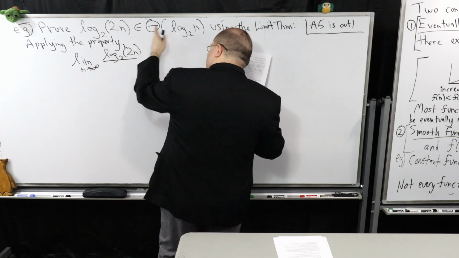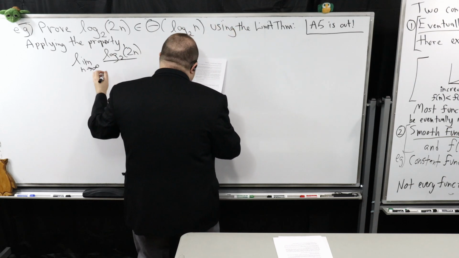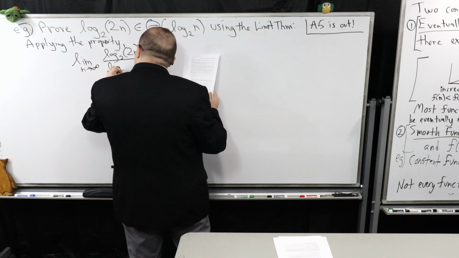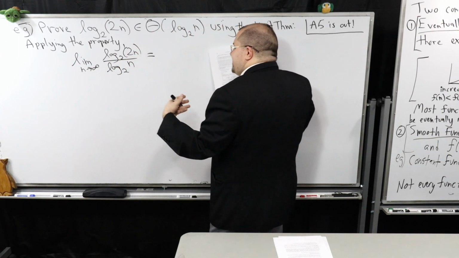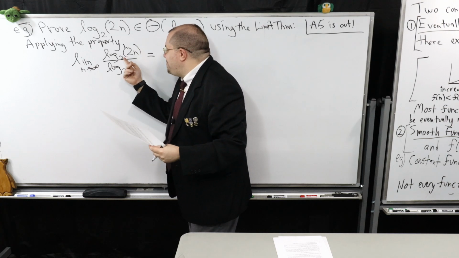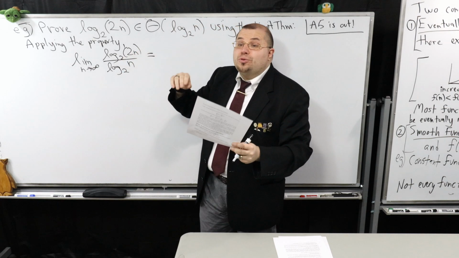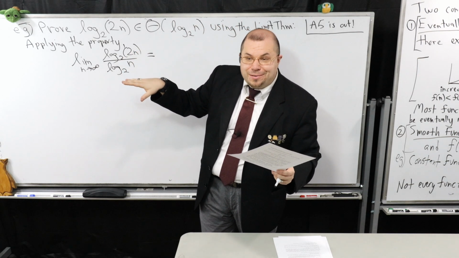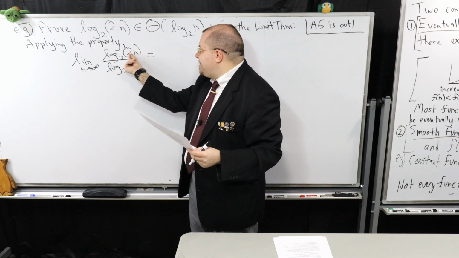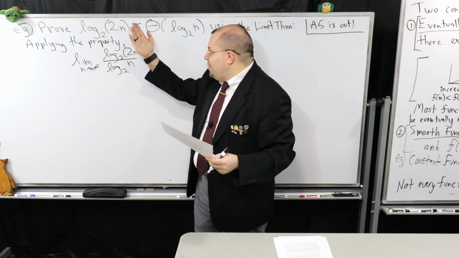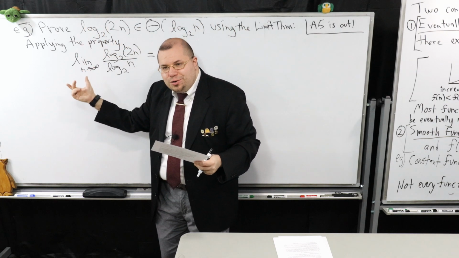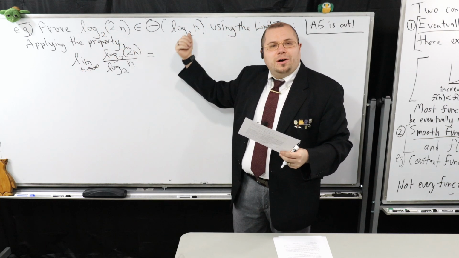The second one goes right there: log base 2 of n. Because this is log base 2 of 2n, I can employ the product property of the logarithm. I can simply split the logarithmic term on the top in two, so I end up with log base 2 of 2 plus log base 2 of n.